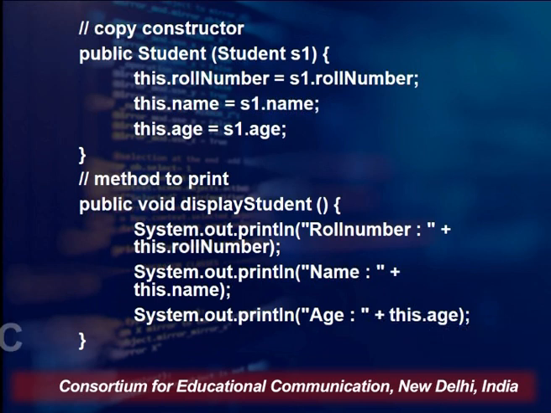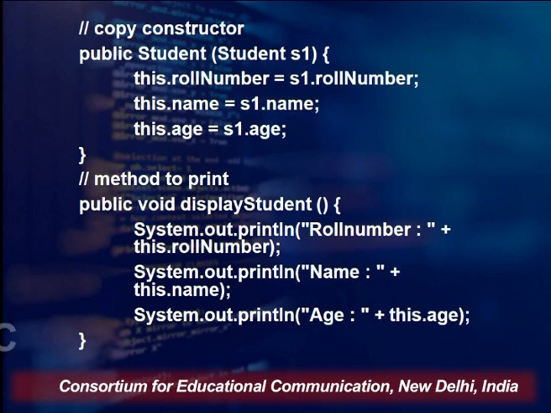That means Student is the constructor, because the name of the class is Student, and within this as parameters, in the earlier examples we were passing double W. Here we are passing Student S1, that means S1 which is of type Student. Now, as Student is a class, S1 must be an object.